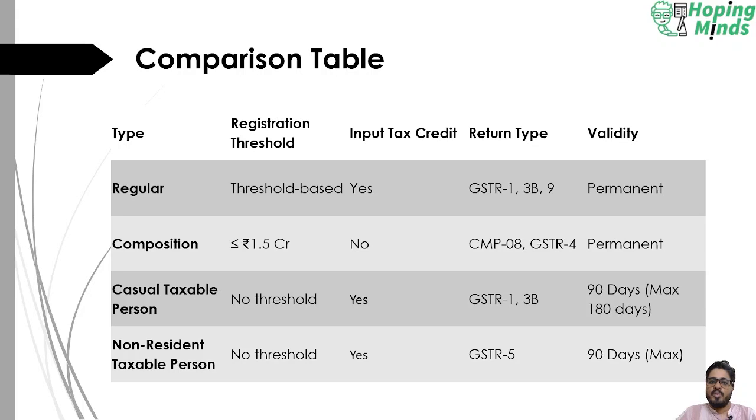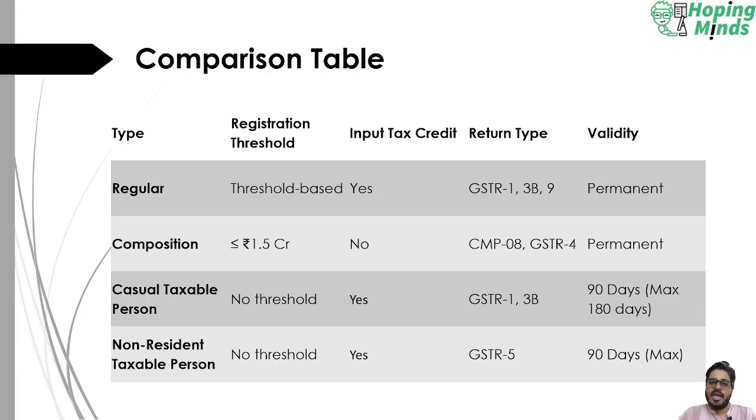No. Composition dealers cannot avail input tax credit. Return types: CMP 08 to be filed at the end of each quarter, and GSTR 4, that is the annual return, which is to be filed by 30th June of the next year. The validity of registration is permanent in nature.